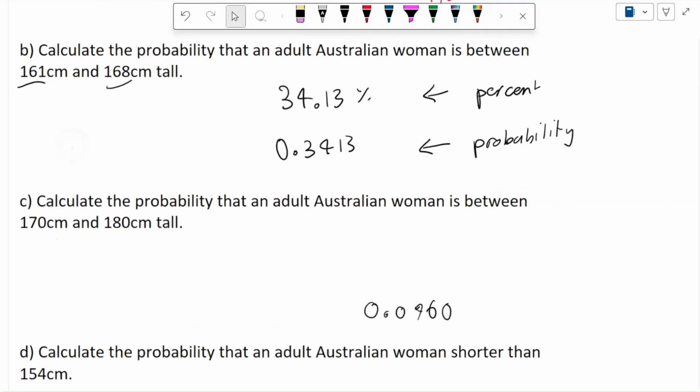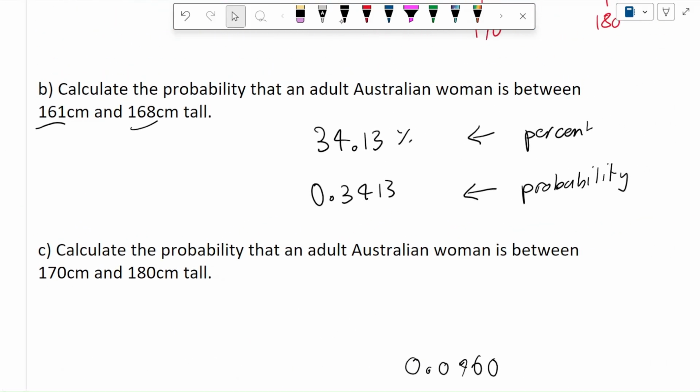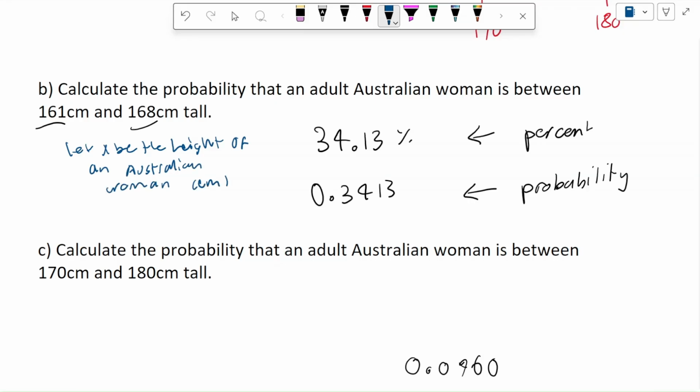Now, I've been a little bit cheeky here. The notation hasn't been fantastic, what I've done so far. So I'll just go and clean that up. Let X be the height of an Australian woman in centimeters.